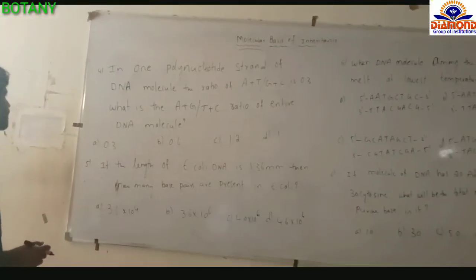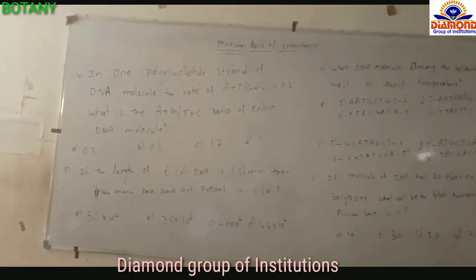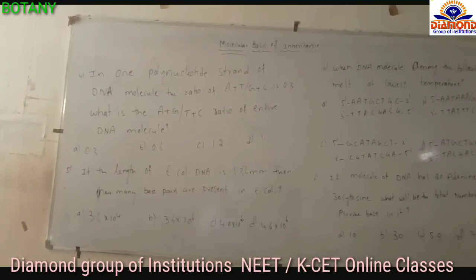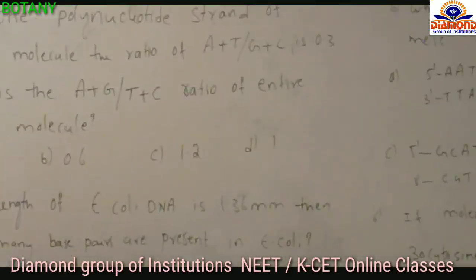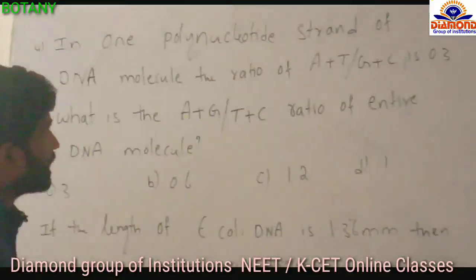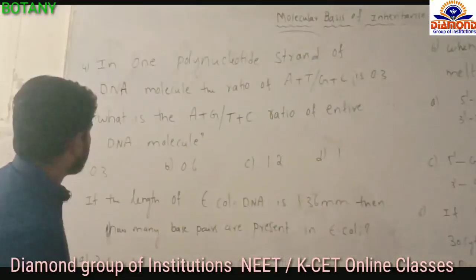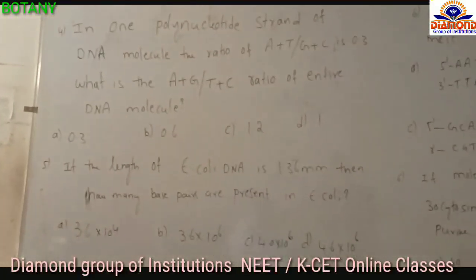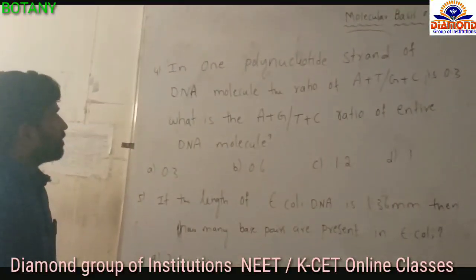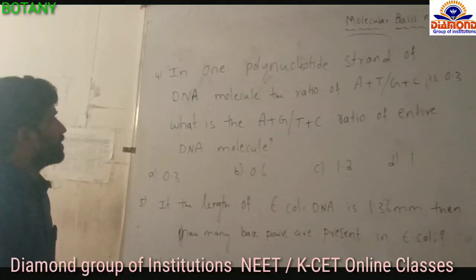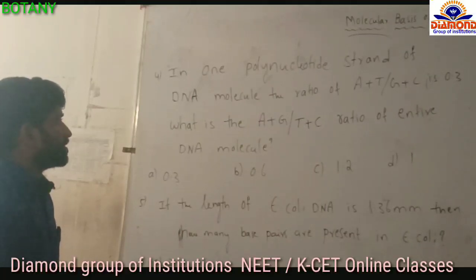Next question. In one polynucleotide strand of a DNA molecule, the ratio of adenine plus thymine by guanine plus cytosine is 0.3. What is the ratio of adenine plus guanine by thymine plus cytosine in the entire DNA molecule?